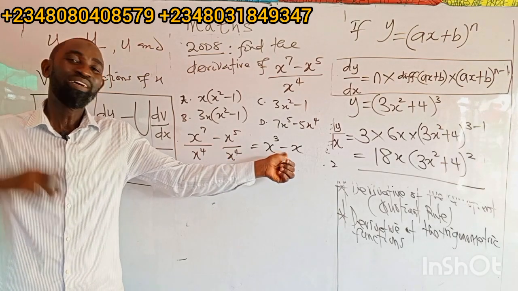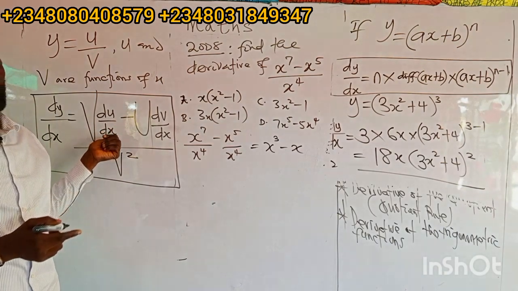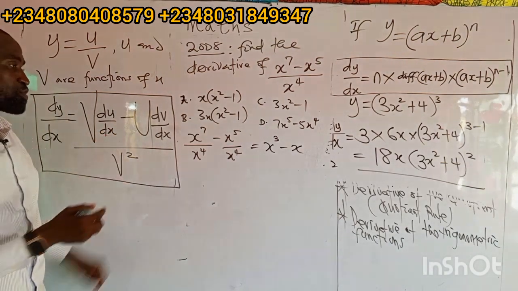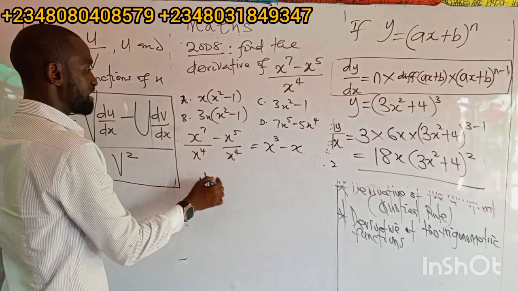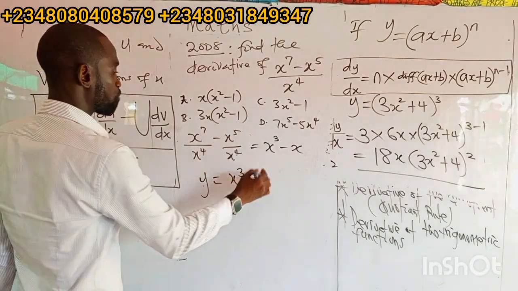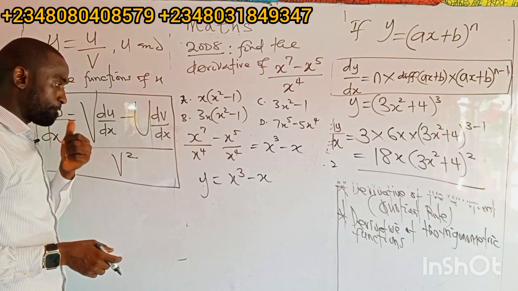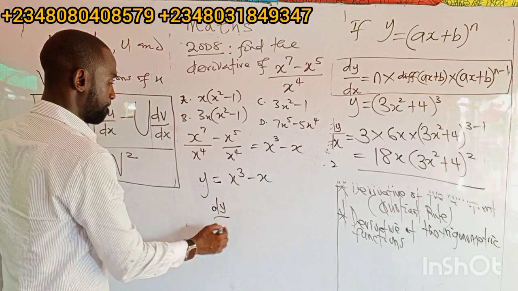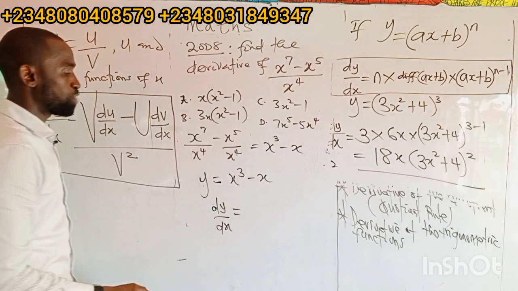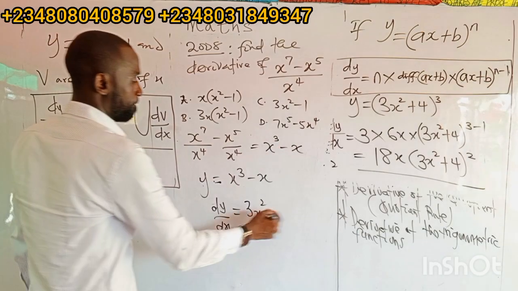So this one will give us the derivative of the sum. Although when you use the quotient rule you get the answer, it will take time. What are we going to do here? Our y is x³ minus x. So we have dy/dx equals 3x² minus 1.